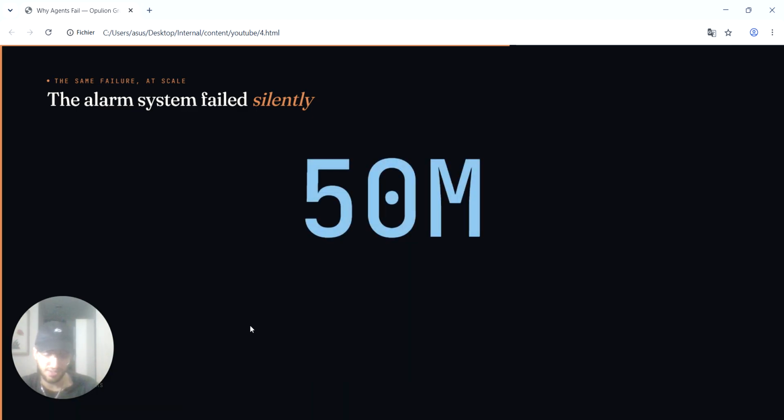Say 50 million people lost power in the Northeast in 2003, and part of the reason it got as bad as it did was a software bug that quietly stalled the alarm system in the control room. The operators were sitting there flying blind while the grid was cascading and failing all around them, without them even seeing what was going on.